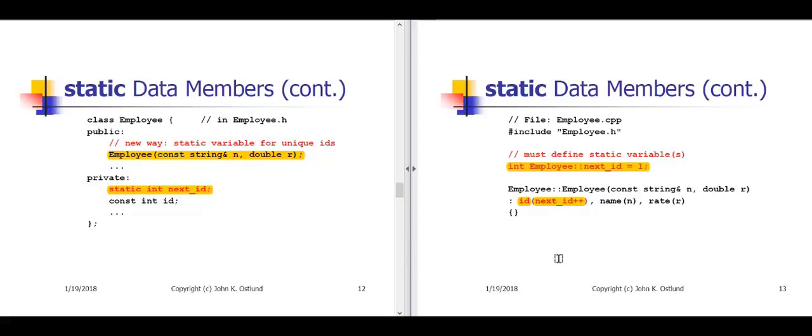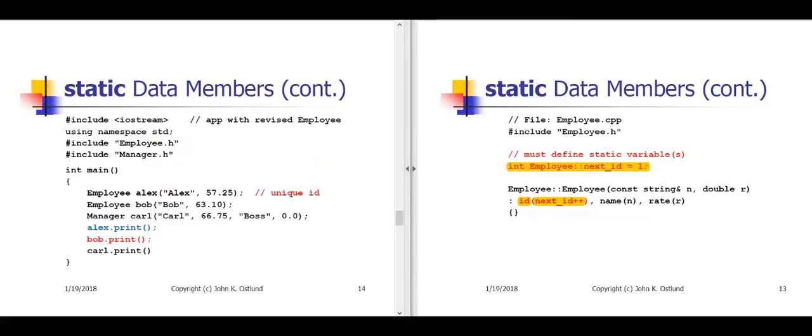And we're post-incrementing nextID after we've used nextID's original value as the value of the ID for the current employee object. Consequently, each time this constructor gets called, it's going to initialize the ID of the employee object that's currently being created to the next available ID, and it will then increment nextID so that the next time we create an employee, that employee will be guaranteed to have a unique ID.